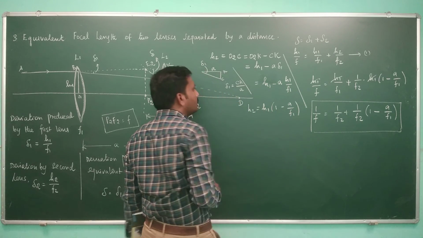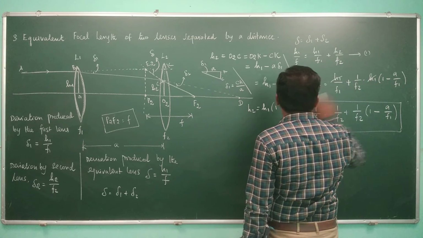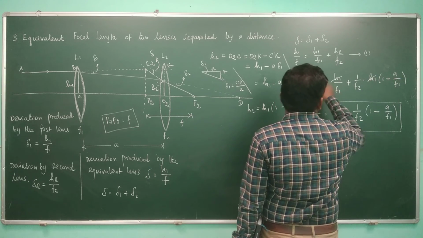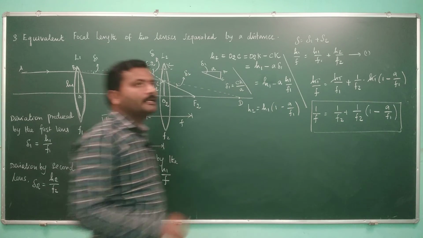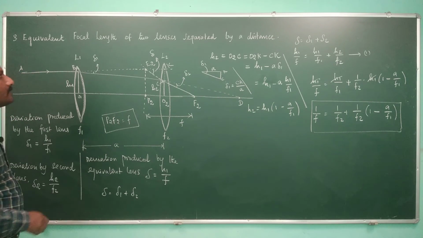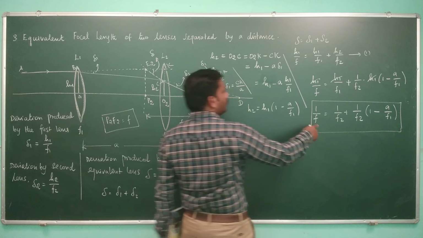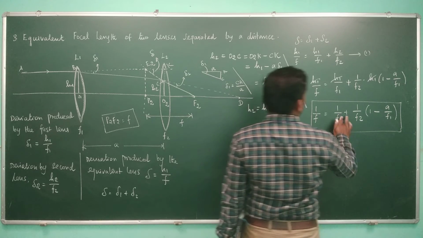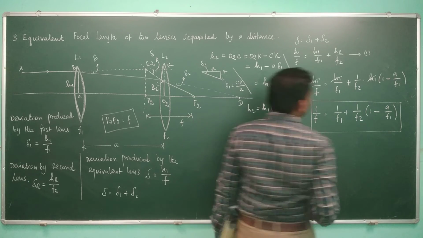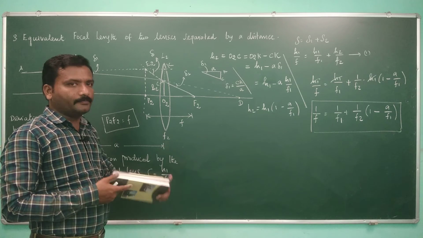For h2, substituting this at this place, we are having h1 times 1 minus a by f1, and cancelling h1 on the left and right side, we are having the equation for equivalent focal length of two lenses separated by a distance, that is 1 by f is equal to 1 by f1 plus 1 by f2 multiplied by 1 minus a by f1.